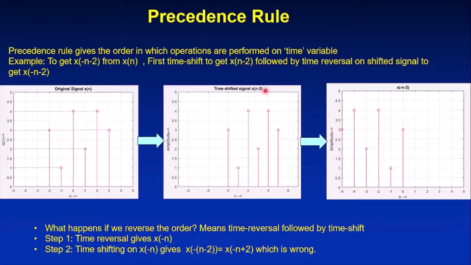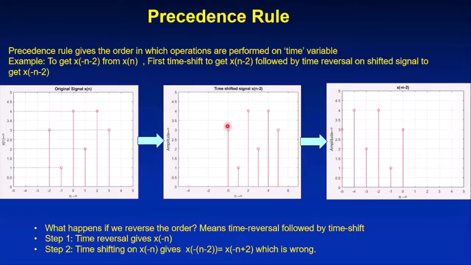Once you get the time shifted signal, you perform time reversal on this signal, x of n minus 2. As you know, time reversal will replace n by minus n. So there is an n here, and that will be replaced by minus n, and this signal will be folded. That means instead of the right side, you get the samples on the left side.